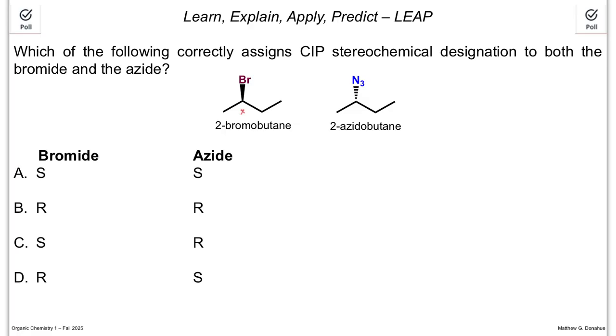So here's our stereocenter. We have a carbon with 4 different things: a bromine, an ethyl group, a methyl group, and a hydrogen.